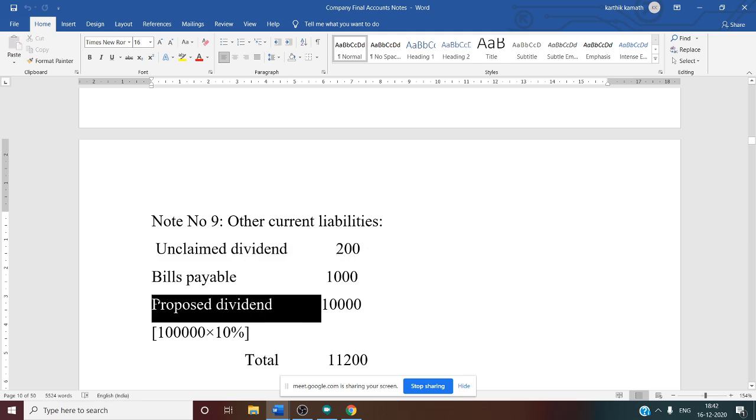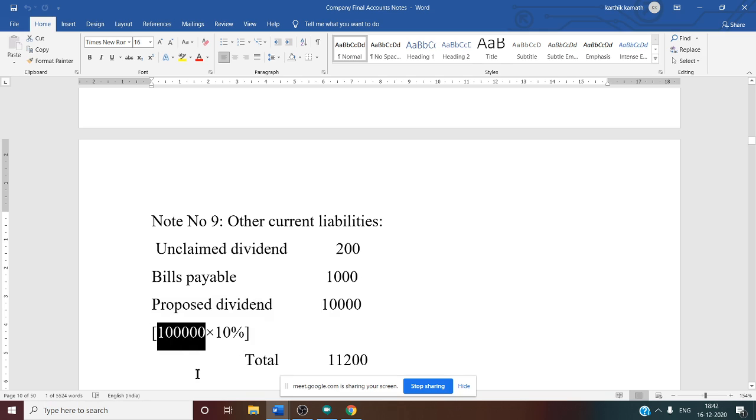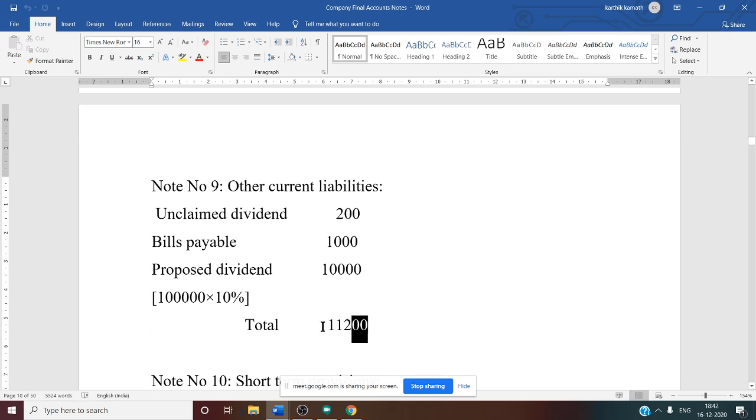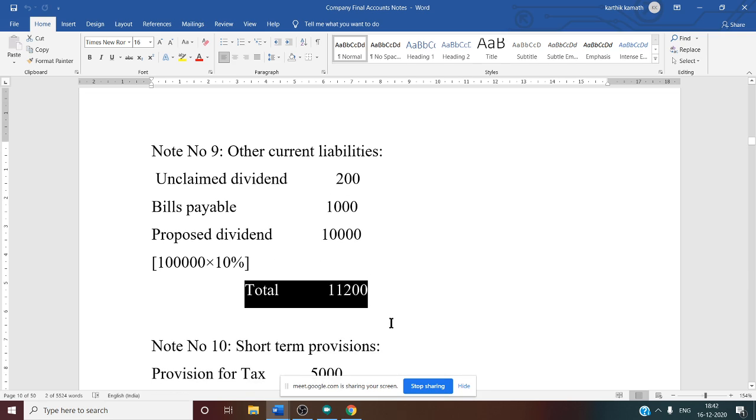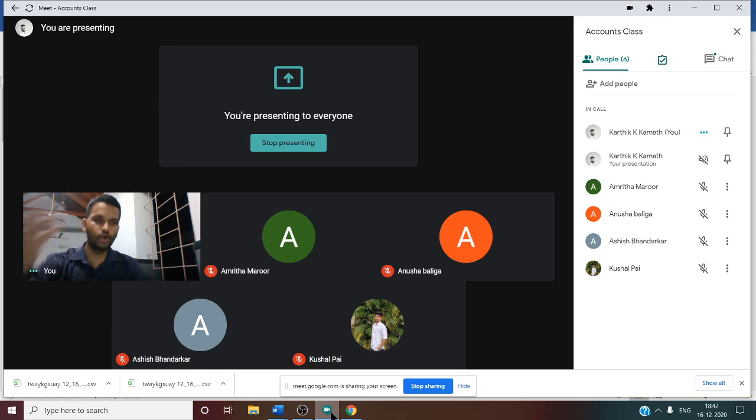But proposed dividend is given in the adjustment, proposed dividend 10% they have said. So we want paid up capital. Paid up capital is given in the trial balance, that is 1 lakh. So 1 lakh into 10%, if you do, you will get the proposed dividend answer, that is 10,000. So finally, the other current liability total is 11,200. Add all these things: 200, 1,000 plus 10,000. You will get 11,200. Note number 9 total.